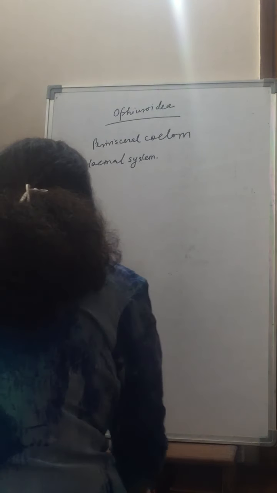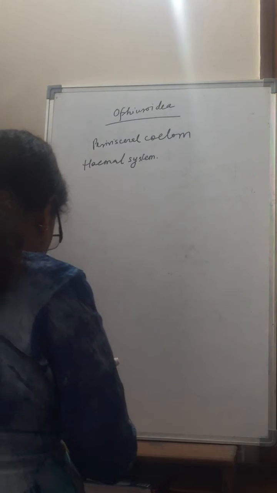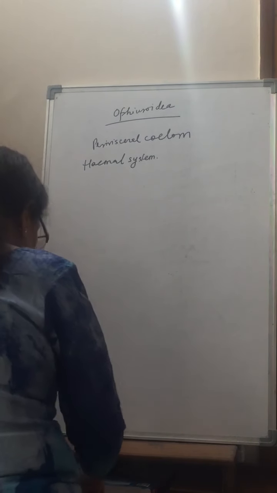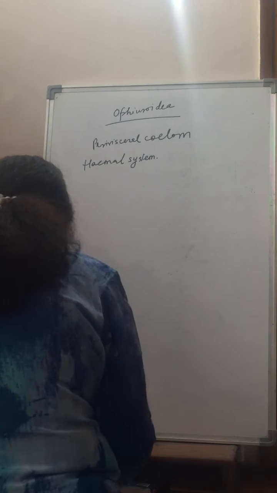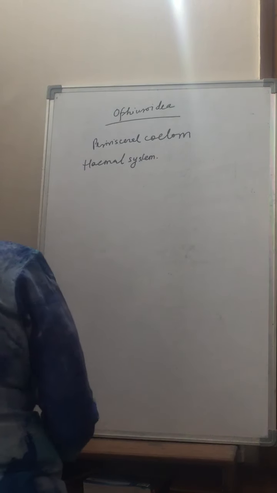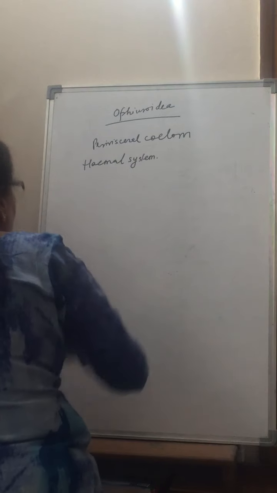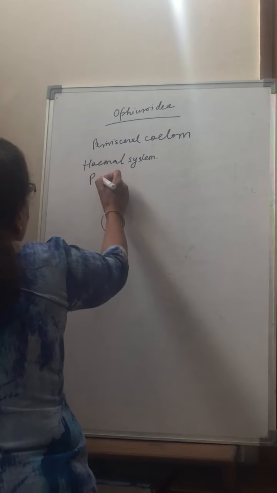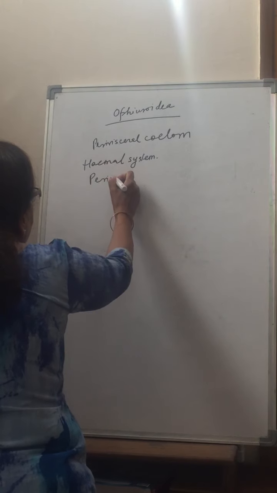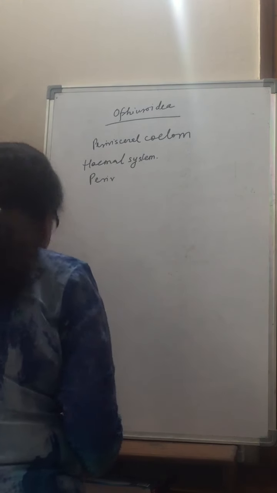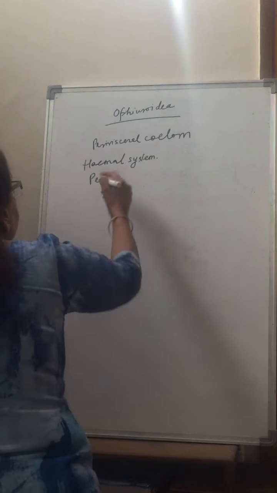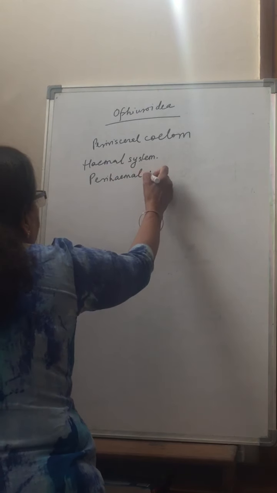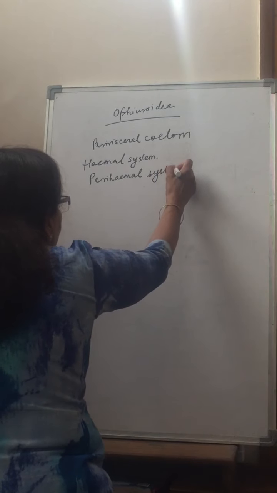First of all, let us draw a cross section through the arm of the brittle star to understand these systems, which are perivisceral coelom, hemal system, and perihemal system.